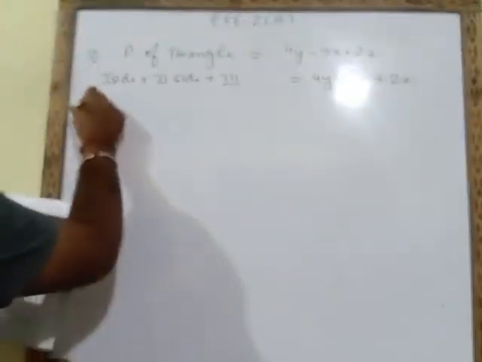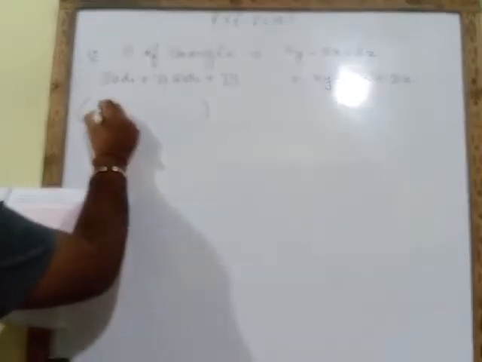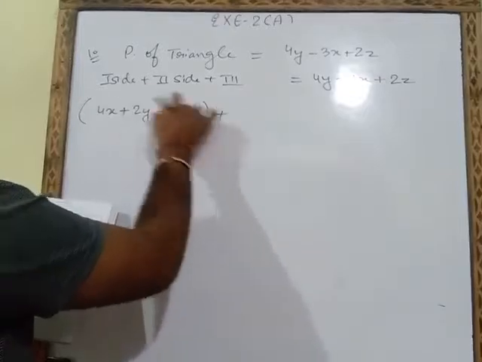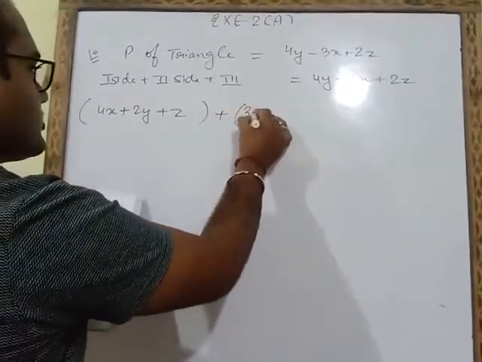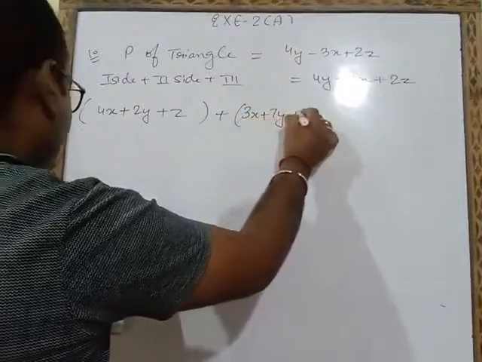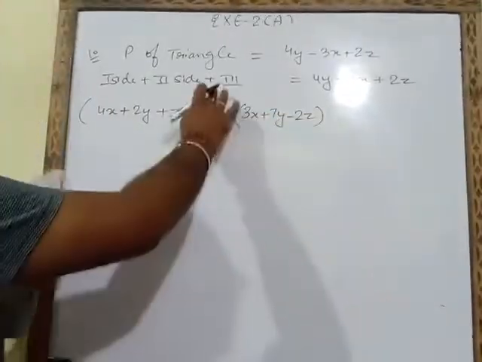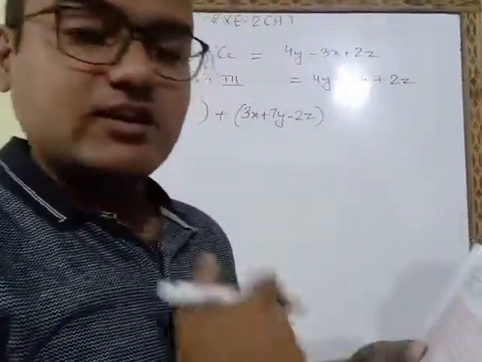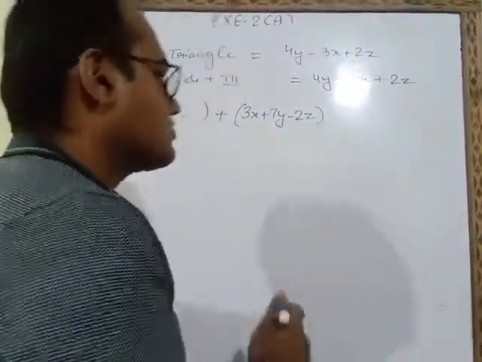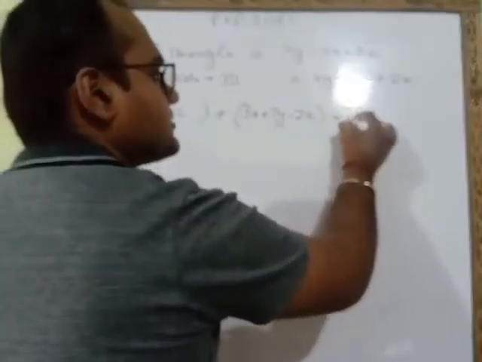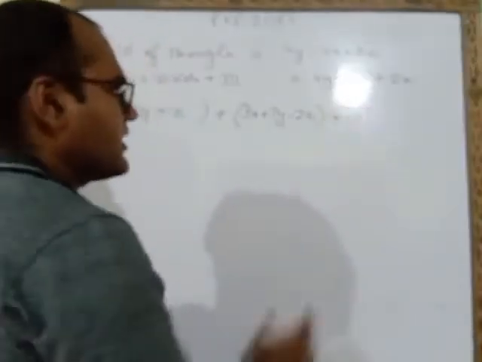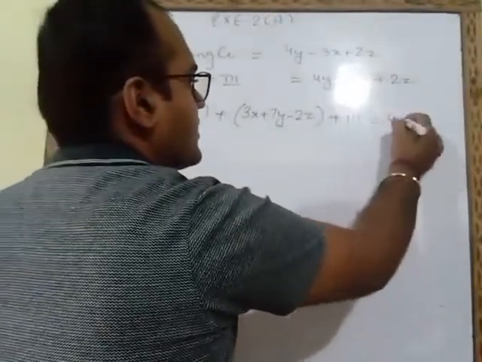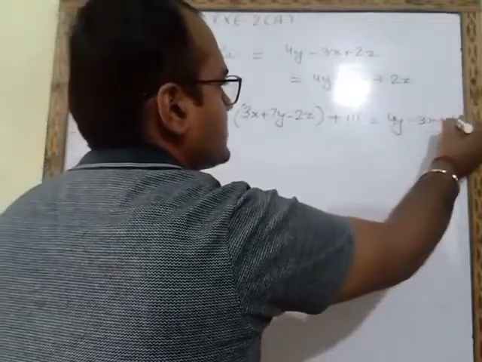So under the first side we will write in a bracket the first algebraic expression 4x plus 2y plus z, plus the second side, which is also given in the question, 3x plus 7y minus 2z, plus the third side. We don't know it; it is not given in the question. He is asking in the question to find the length of the third side. So what you have to do: the third side we will write as it is because we don't know its value. Till here we have done, equal to 4y minus 3x plus 2z, we will write as it is.